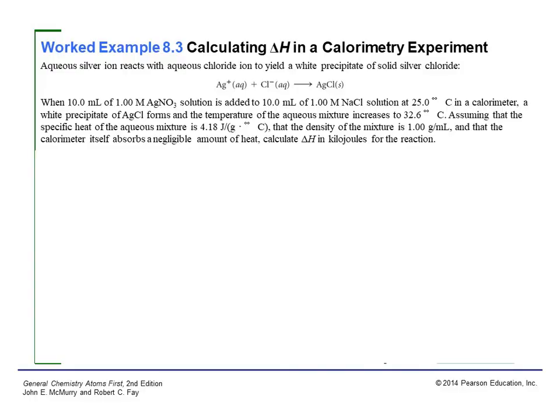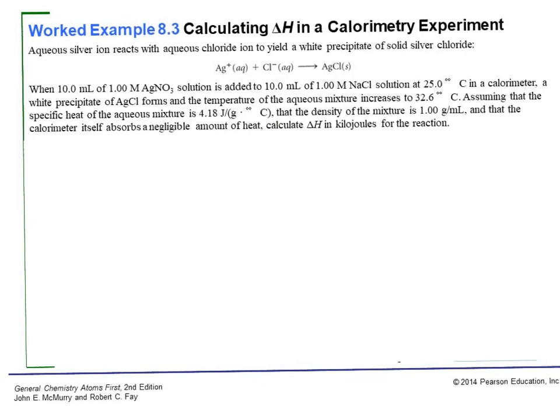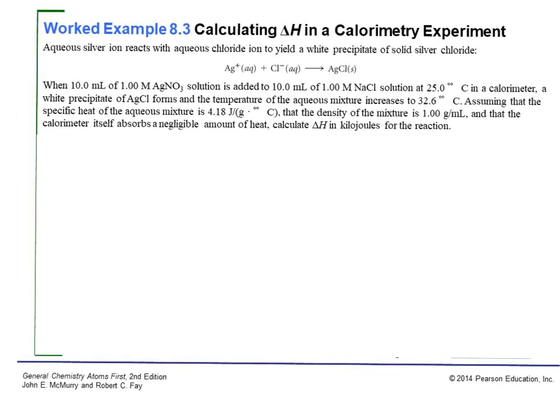Let's take a look at the type of problem we'd be working in terms of calorimetry. An aqueous silver ion reacts with aqueous chloride ion to yield white precipitates of solid silver chloride. When 10 milliliters of 1 molar silver nitrate is added to 10 milliliters of 1 molar sodium chloride, and the solution is at 25 degrees Celsius in a calorimeter, a white precipitate of silver chloride forms, and the temperature of the aqueous solution increases to 32.6 degrees Celsius.